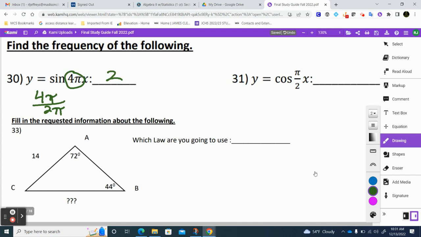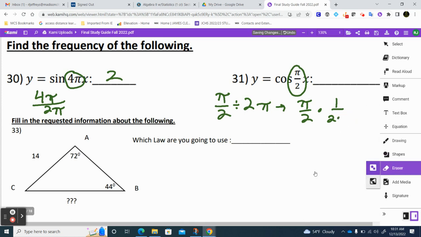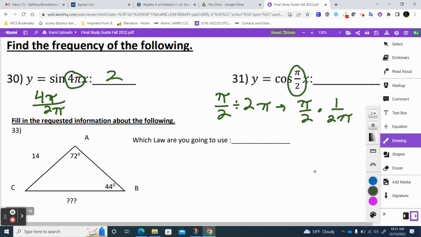Okay. This one is pi over 2 divided, and over is the same thing. Okay. Well, this becomes pi over 2. The pi's cancel. I'm left with 1 over 4. Now, remember, this is b over 2 pi.